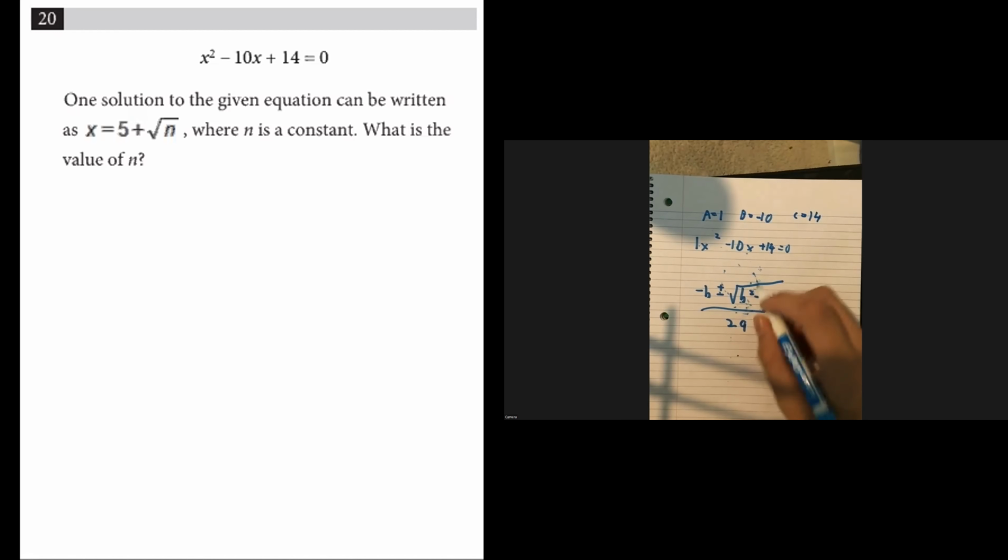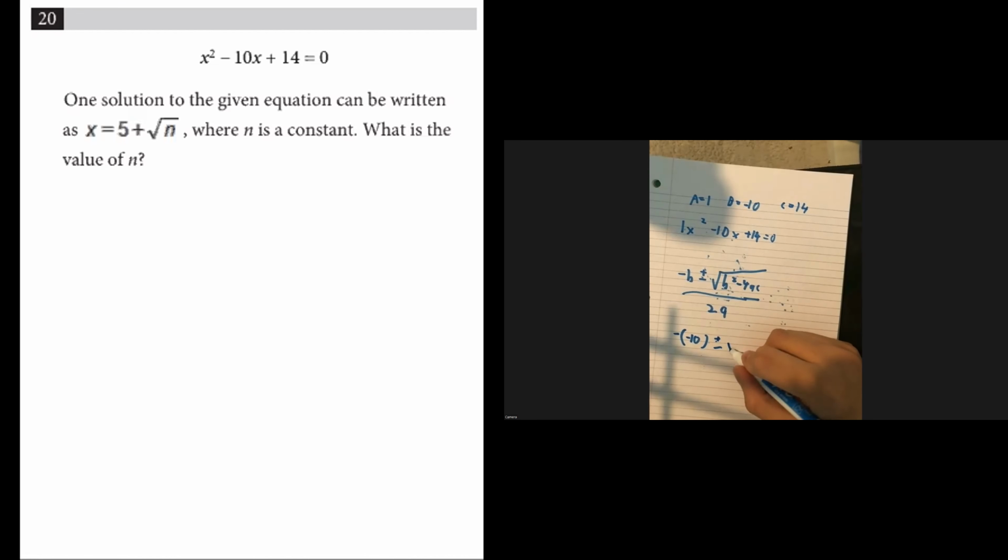And so plugging this into this equation gets you negative negative 10 plus or minus the square root of negative 10 squared minus 4 times 1 times 14 all over 2 times 1.